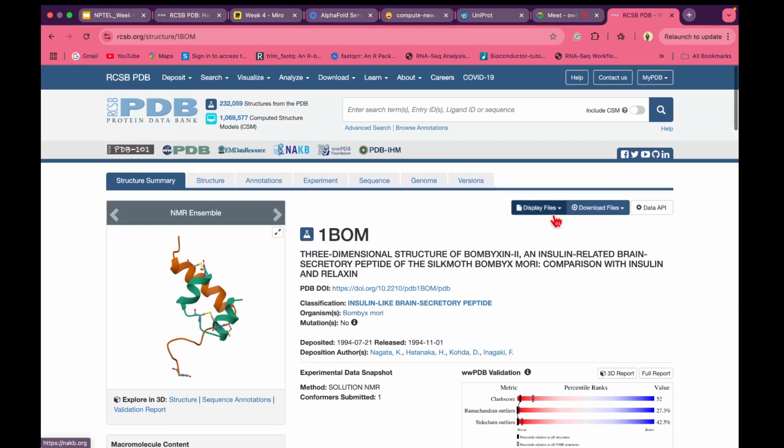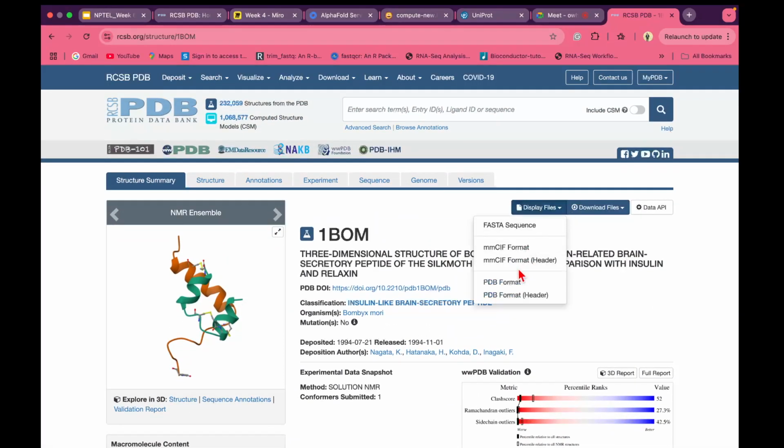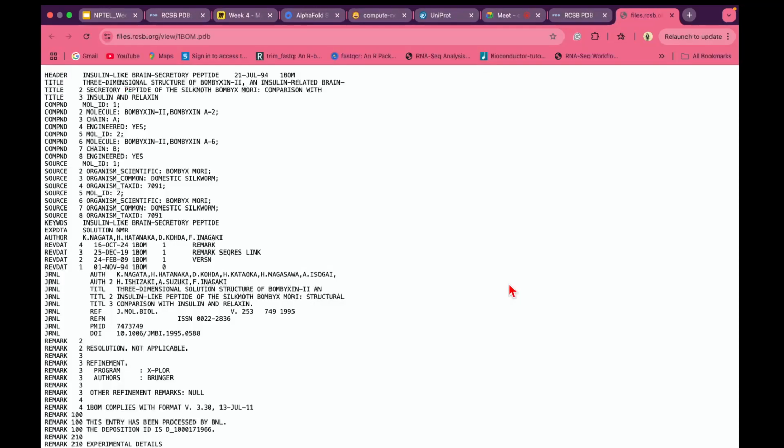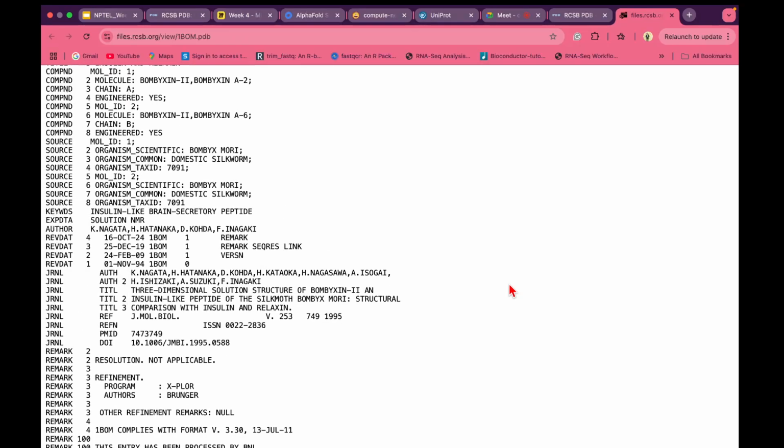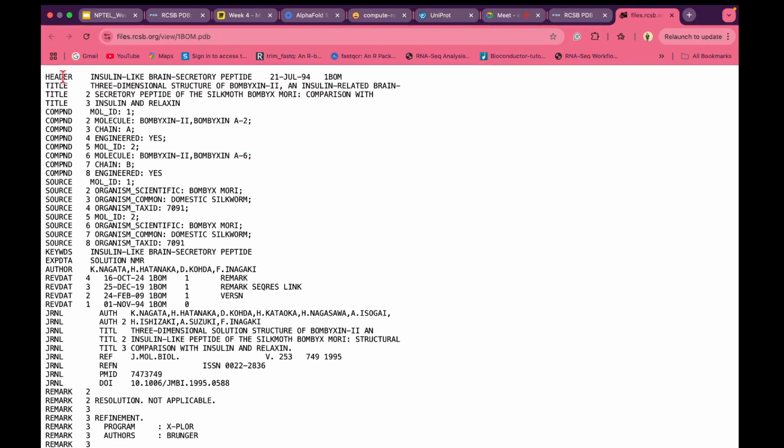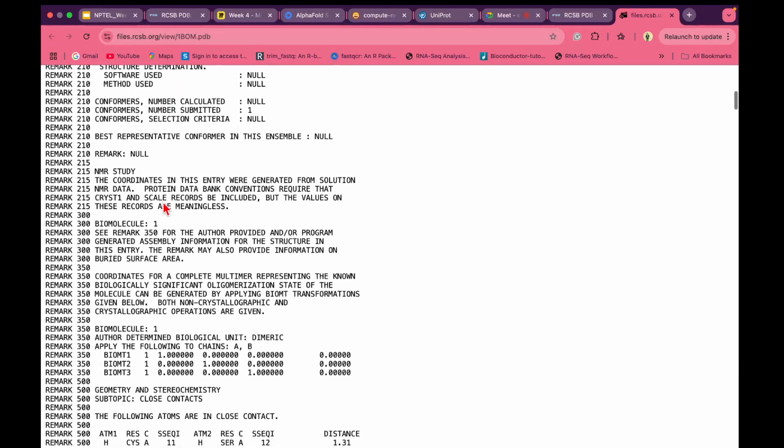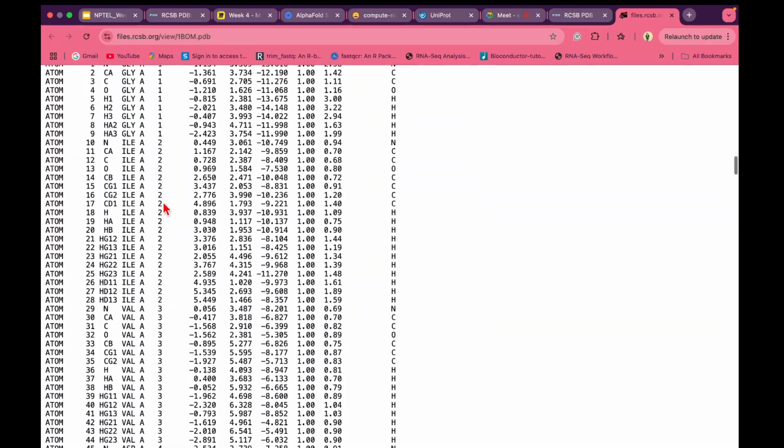So let's see how a PDB format looks. So as we just mentioned, we have header section. So header section followed by the name of the protein, title, other molecular ID information. We have other remark based connect sections as well.